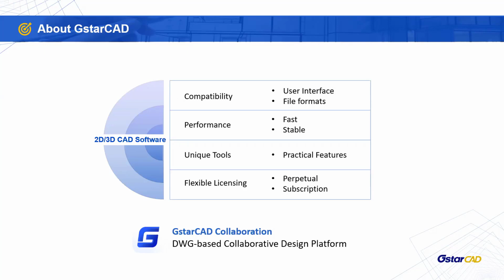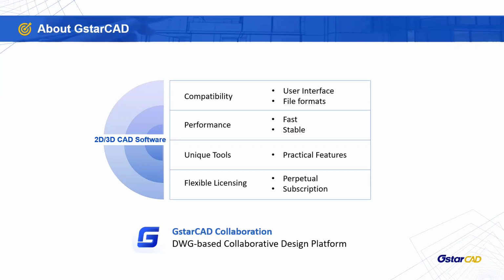And it's also very stable, which means that it doesn't really crash on you that often. Okay, and then the third point will be the unique tools. In GstarCAD, we have a set of tools that we don't have in many other CAD software, and they are practical features that can help you to reduce the time taken to create your 2D or 3D drawings. And then last but not least will be flexible licensing.